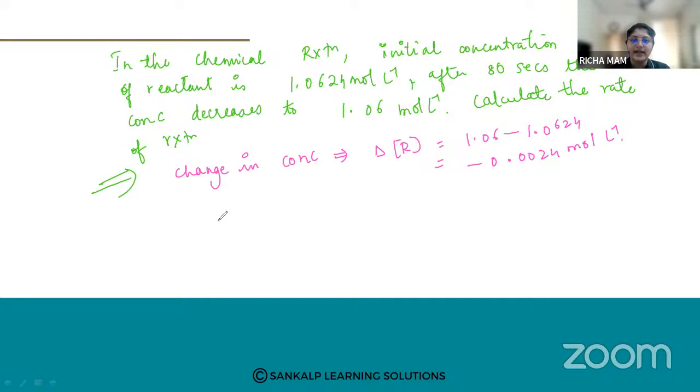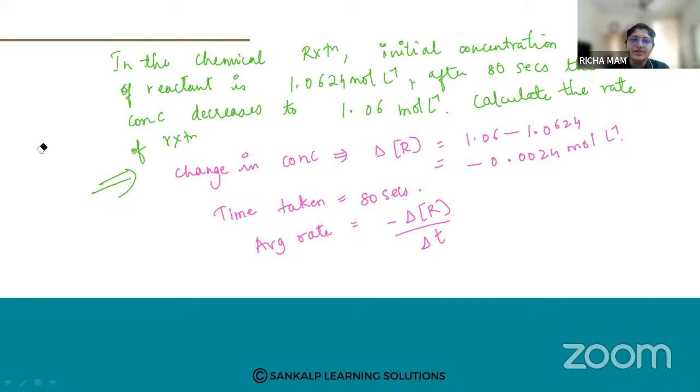Now, what is the time taken for this change? It is 80 seconds. So how will you calculate the average rate? The average rate is equal to minus delta R by delta T.